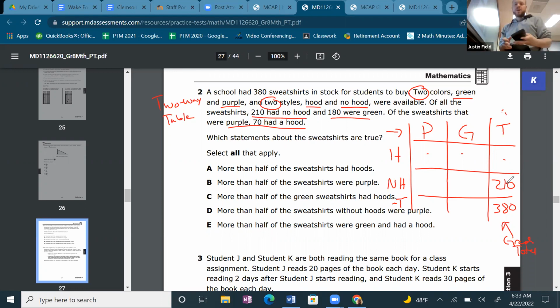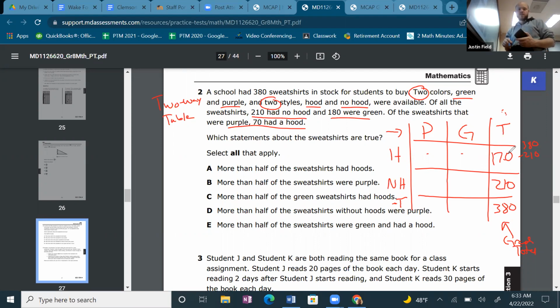So now we can figure out how many had a hood because we just subtract 380 minus 210. So anytime we're missing one number in a column or a row, we can subtract the 2 numbers we have in that column to find out the third. It's 170.